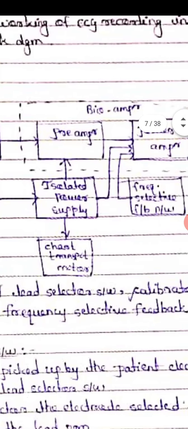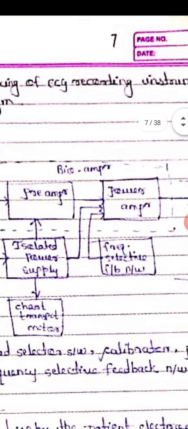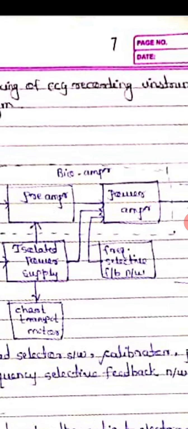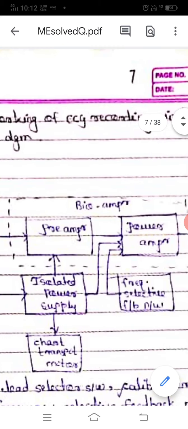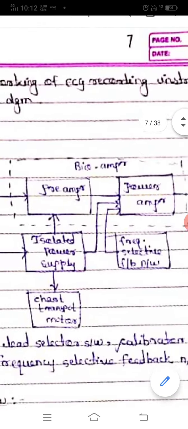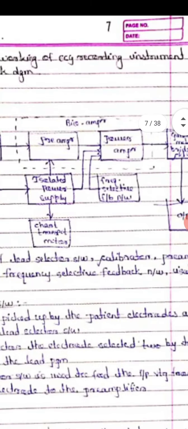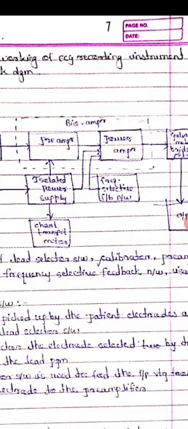The next one is the bioamplifier. In the bioamplifier they use a preamplifier and a power amplifier. In the preamplifier they use 3 to 4 stages of differential amplifiers. This preamplifier gives a good frequency response, high CMRR, and adjustable gain.